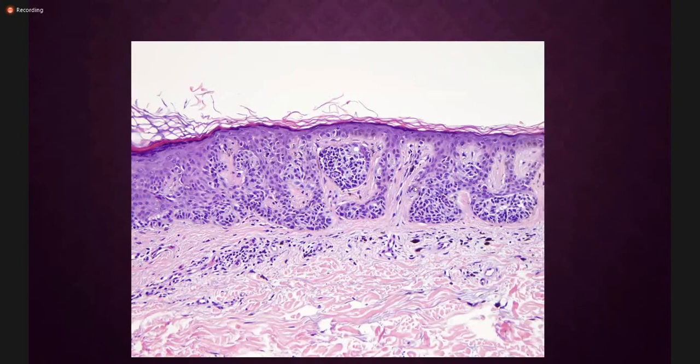These are all nests of melanocytes, and this fusion of the rete ridges with each other. Some inflammatory infiltrate is present in the dermis, and due to inflammation there is some fibrosis also, and some pigment you can see in the dermis as well.